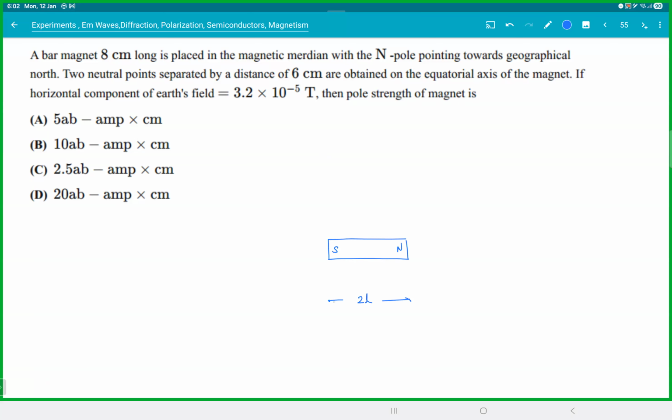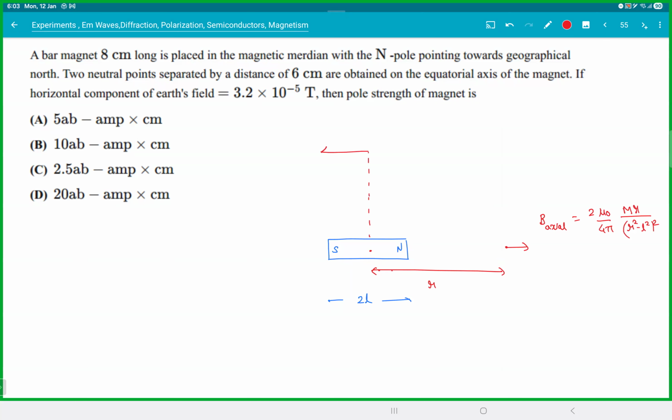For small magnets we know the formula, but if the magnet's length is comparable to the distance, the magnetic field on the axial line is given by 2 times mu naught by 4 pi M r by (r square minus L square) whole square. That is the formula when the length is comparable.